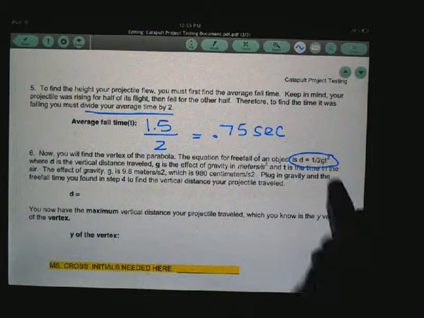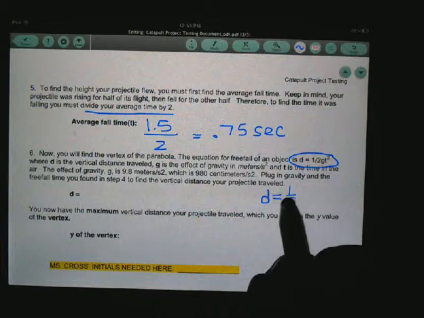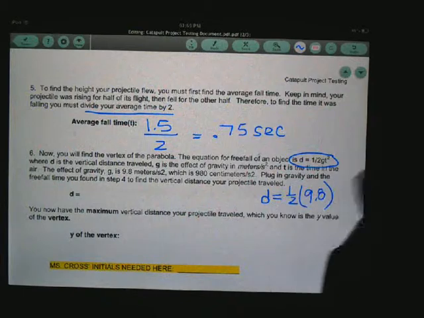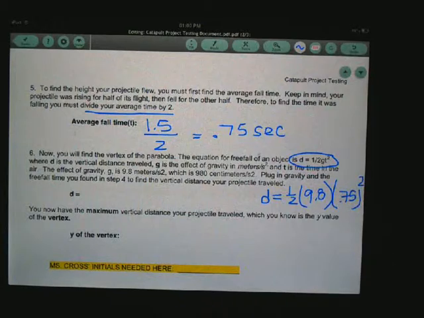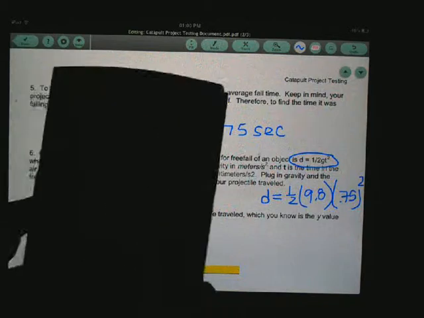So D equals 1/2 times 9.8 times 0.75 squared. Okay, and then I'm going to go ahead and punch that out.